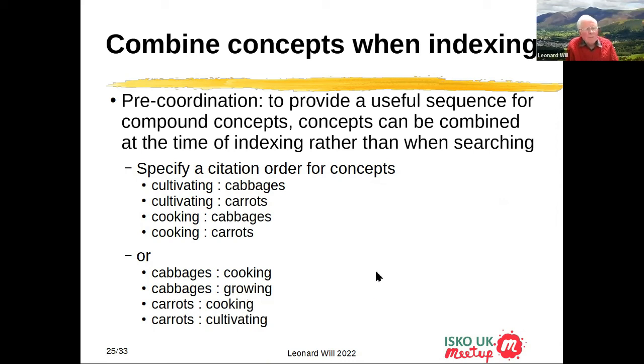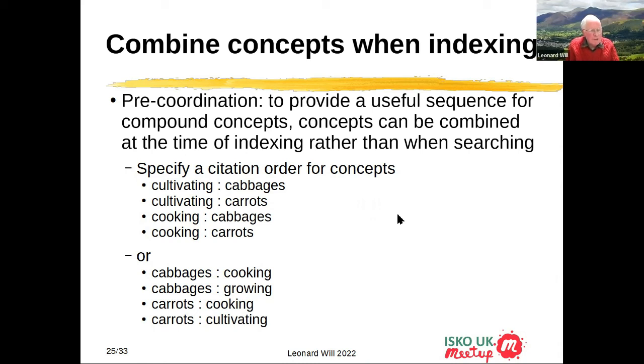In traditional classification, they often take activities in the form of disciplines, so that in traditional library classification, like UDC or Dewey, you have the activity first, the discipline coming first.